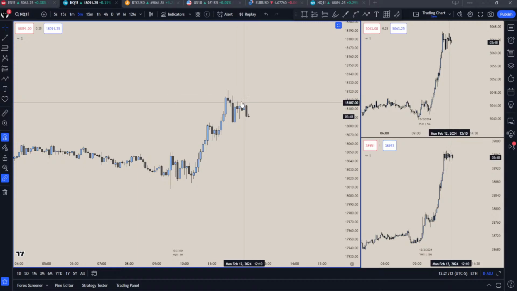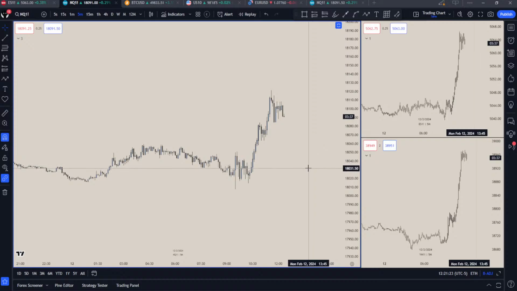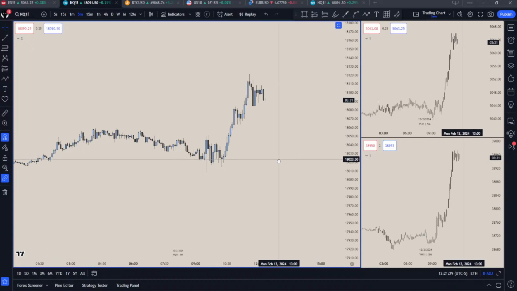Yes, this is SMT divergence on NQ and ES, just because this high is a swing point. This could be considered SMT divergence, but what are you referring to on the higher time frame, right? It's very important to always keep in mind you have to refer to something on the higher time frame for something to be higher probability.